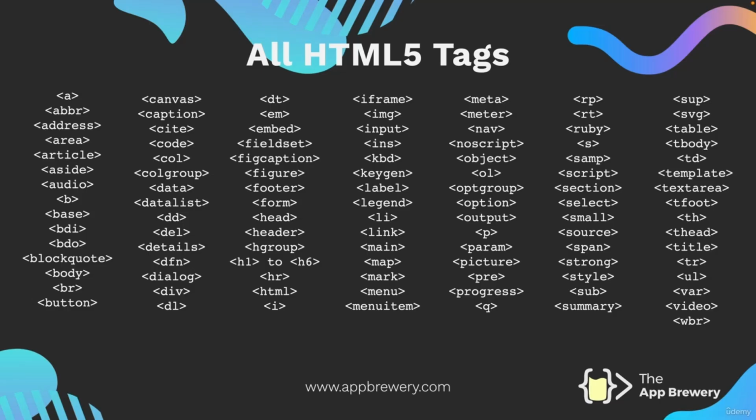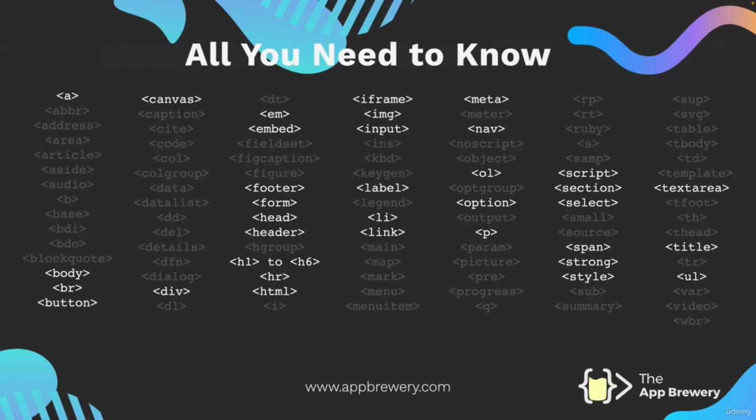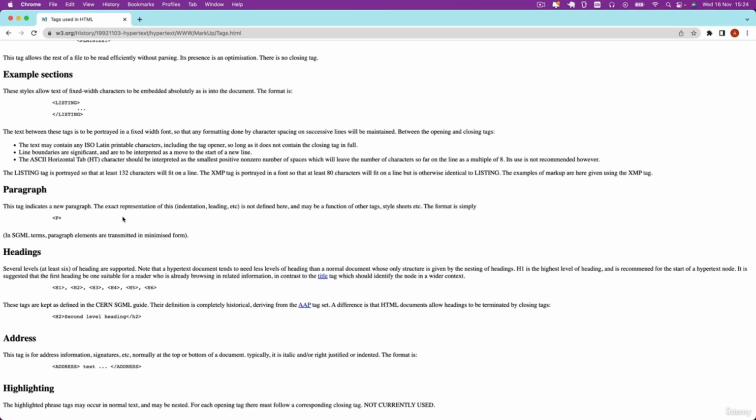So here you can see all of the HTML tags, but when we narrow it down to the ones that you actually need to know, it makes it a lot more approachable. In the rest of the course, we're going to be covering some of the most essential tags. So don't worry about memorizing all of them or learning them. We're going to cover them as we need them in our projects and in our exercises.